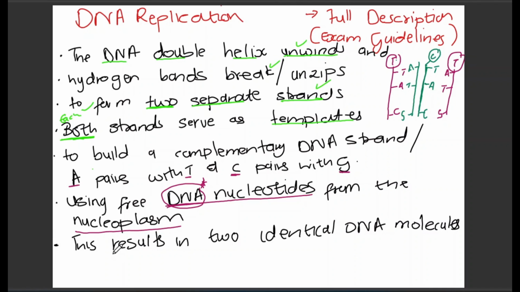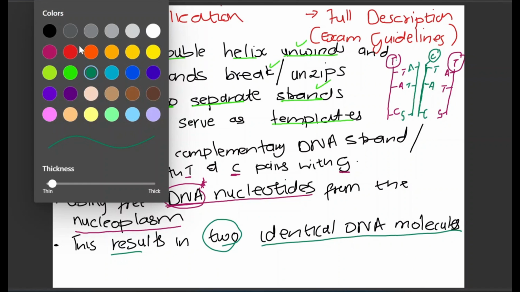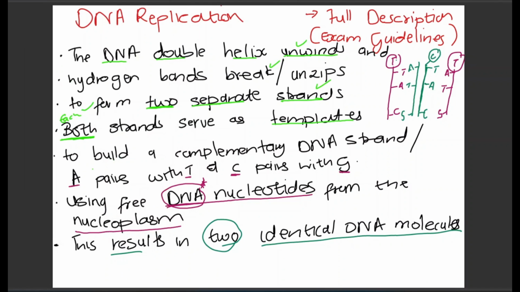So then this will result in two identical DNA molecules. So where are these molecules that we are talking about? So this will be one molecule, and this will be another molecule. Now each molecule consists of a template strand and complementary strand.